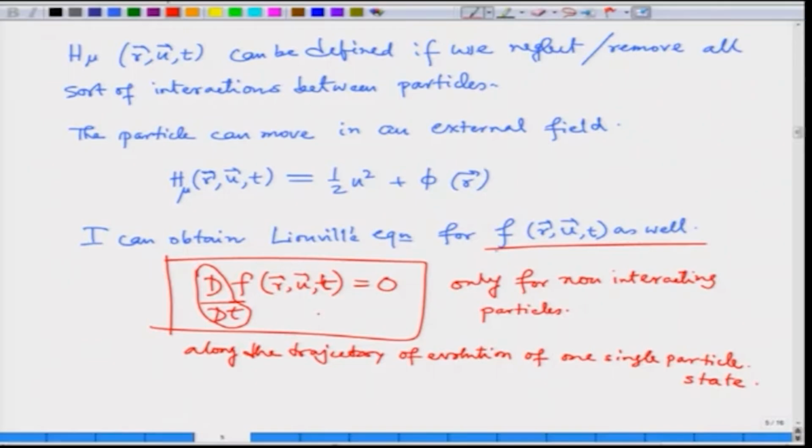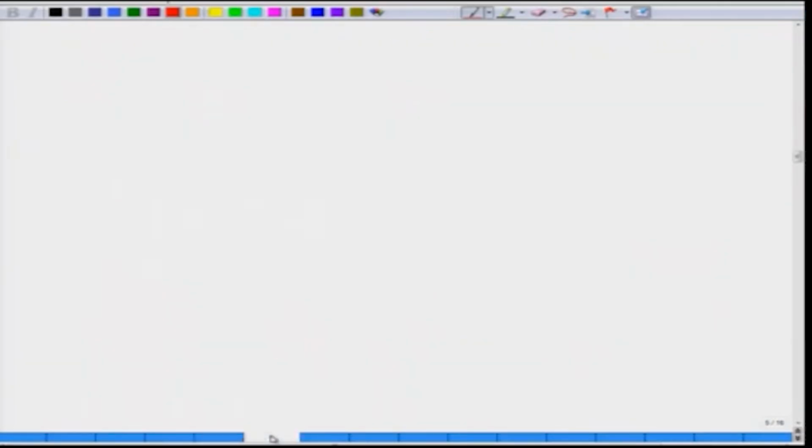This one, just you know that this is evident to write.